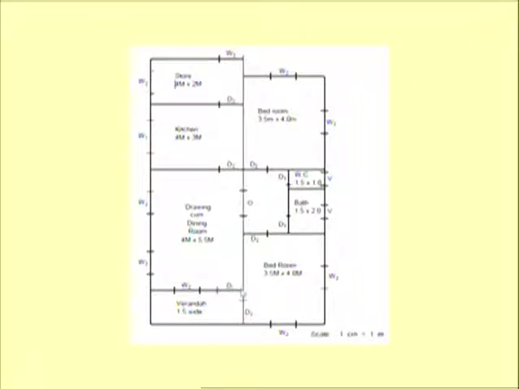It is not always necessary that external walls should be of 30 centimeter thickness. We can go for 20 centimeter for all the walls which are going to take the load of the slab, because reducing the thickness of the wall will reduce the cost of the structure.